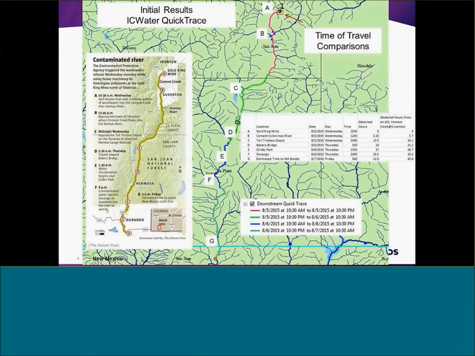You can see the table there in the middle of this graphic. Fairly good agreement between observations and forecasts. We were a little bit slow initially in predicting the time of arrival, but as it moved downstream, the results seemed to converge a little bit better with the observations.